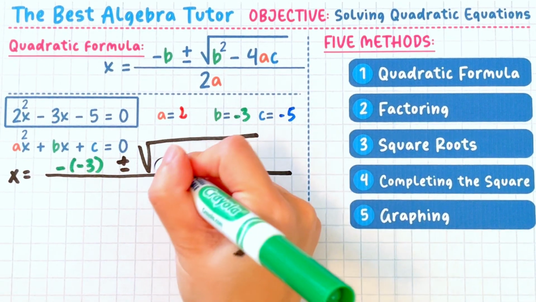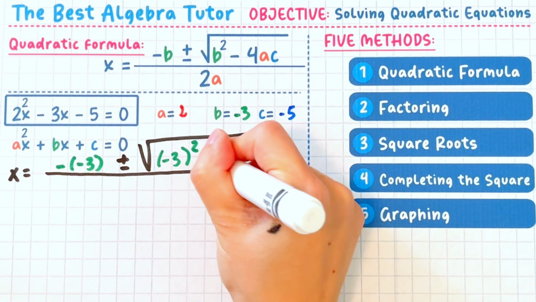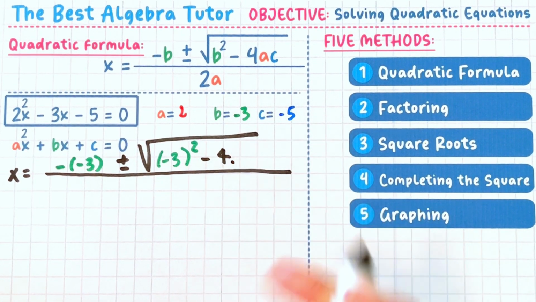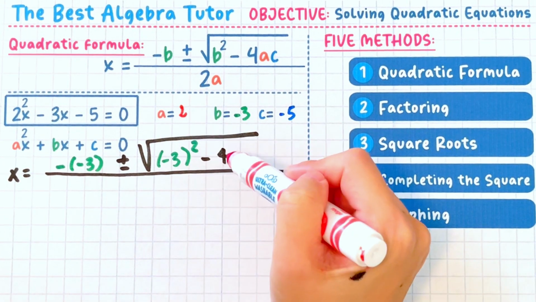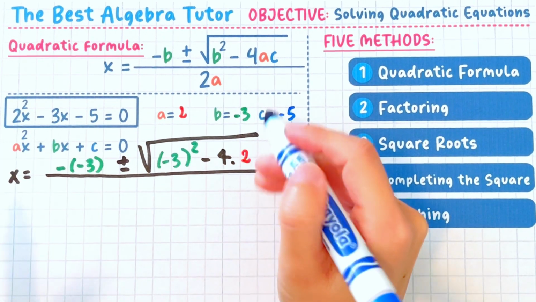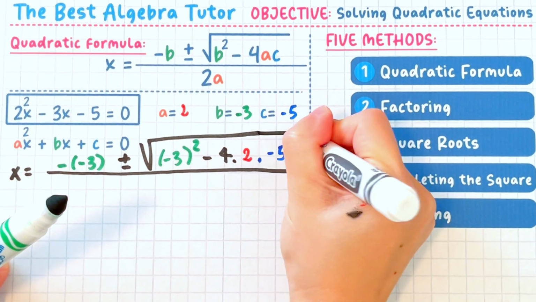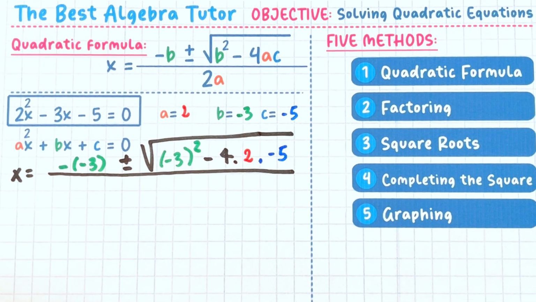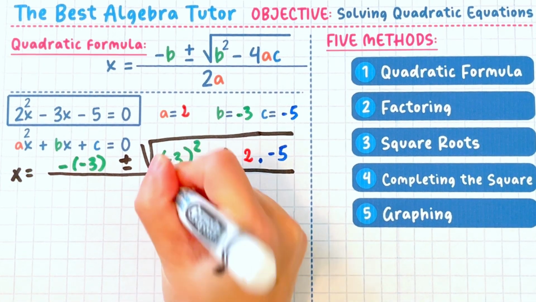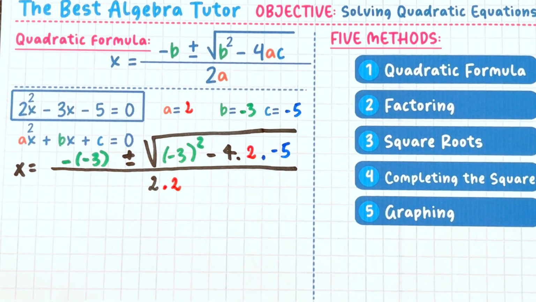So we're going to take negative 3, square it, minus 4 times a times c, so negative 4 times 2 times, my c is negative 5. Okay, so let's not forget our 2a at the bottom. So 2 times a, my a is 2. Okay, so far so good.